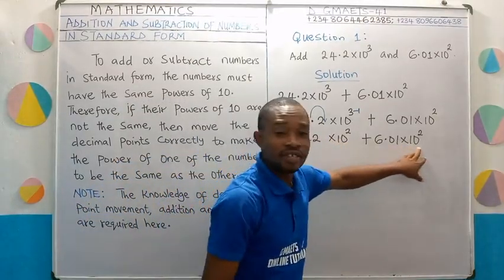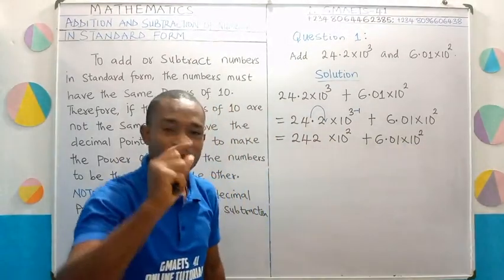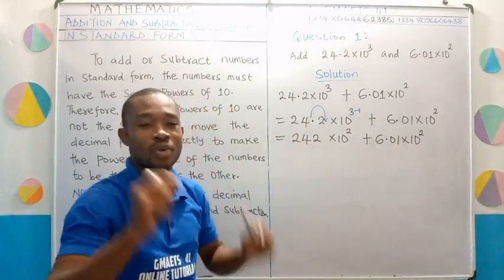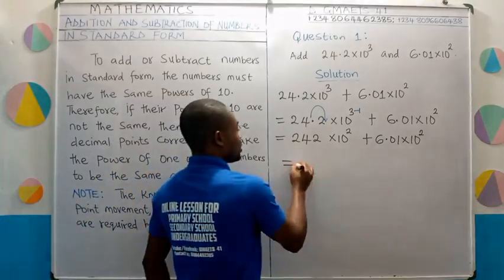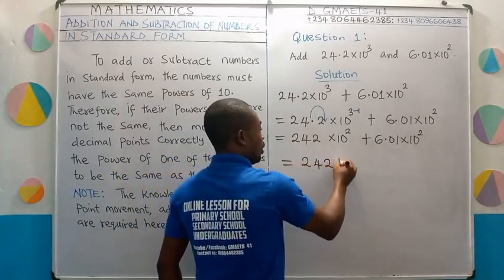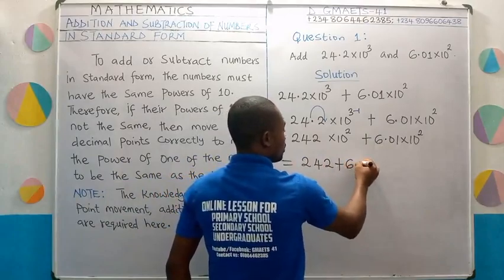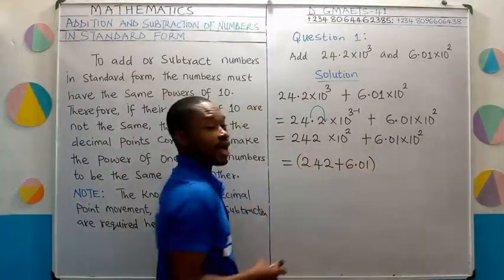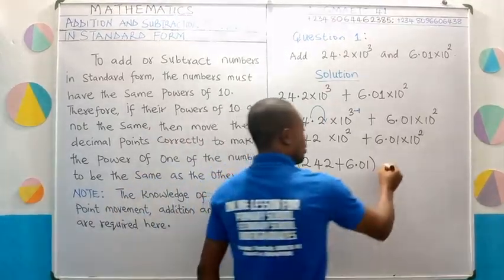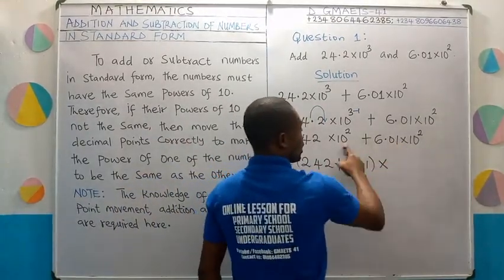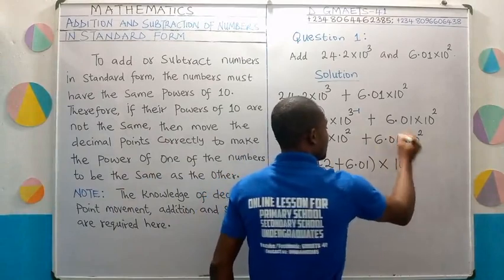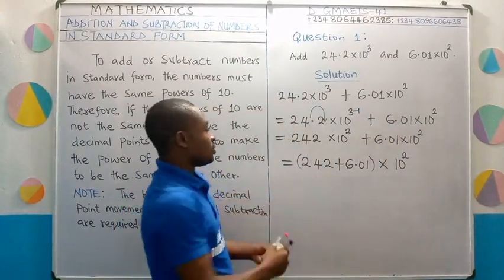If you look at this, they have the same powers of 10 now. So just pick one of the times 10 raised to power 2. And this is going to give us 242 plus 6.01. I'll now multiply it by, pick one of these 10 raised to power 2, since they are the same. So let us add up this and see.